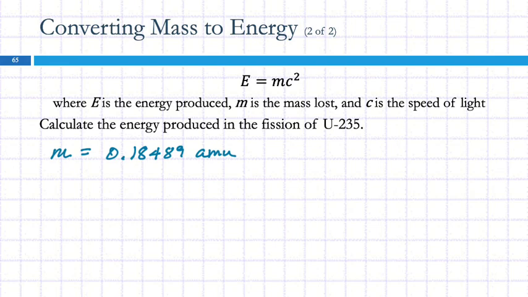So E equals mc squared. What is c? The speed of light. 3.00 times 10 to the 8th meters per second. What is a common unit of energy in chemistry? Joules. And a joule is equal to a kilogram meter squared per second squared.